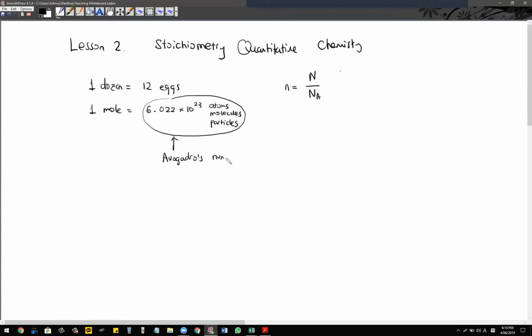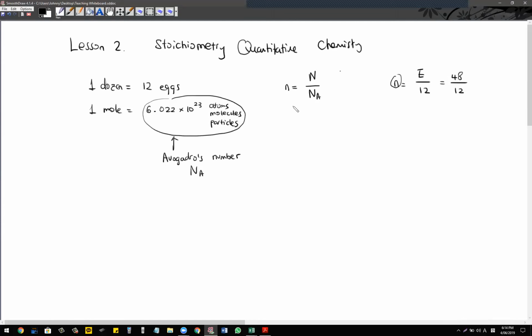Avogadro's number, and the symbol for that is Na. So for example, if I give you number of eggs divided by 12, that gives you number of dozens, right? So if I have 48 eggs, divide that by 12, then I get 4 dozens, right?